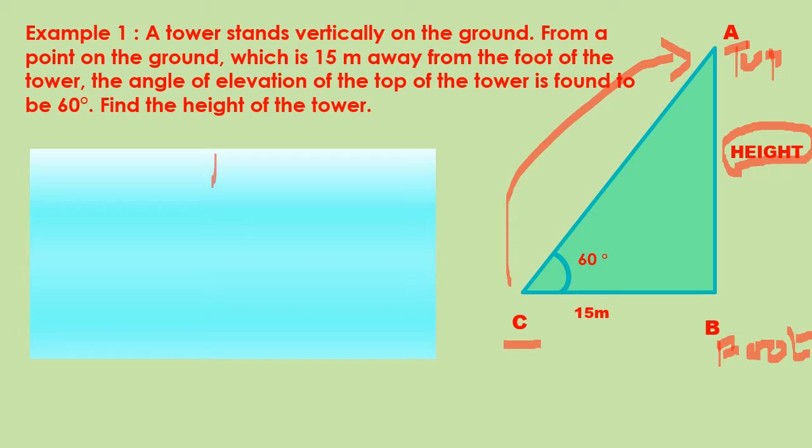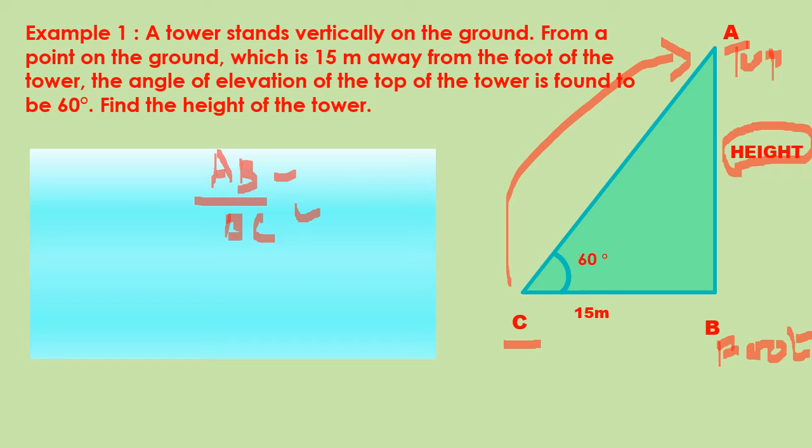So we require AB, we already have BC, and we have the angle of elevation, 60 degrees. Now, AB upon BC is for which trigonometric ratio: sine, cos or tan?